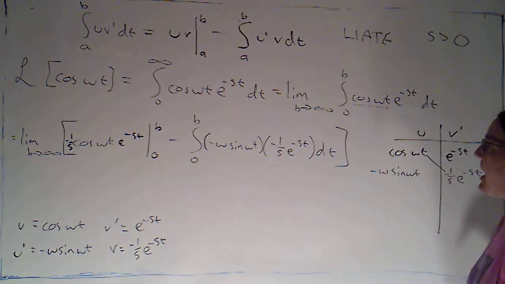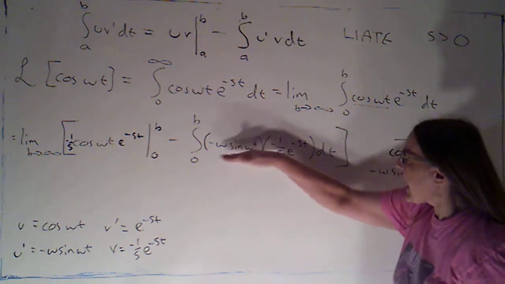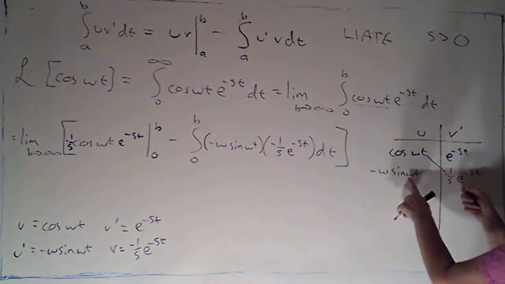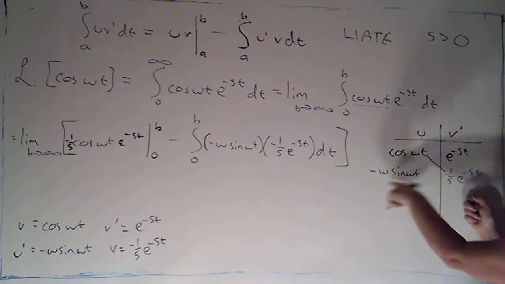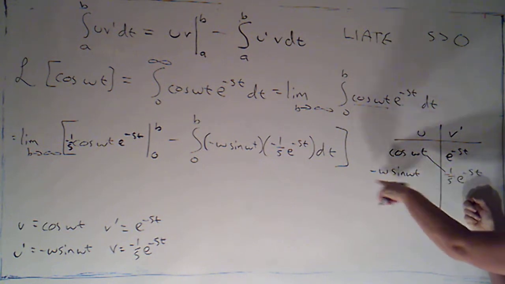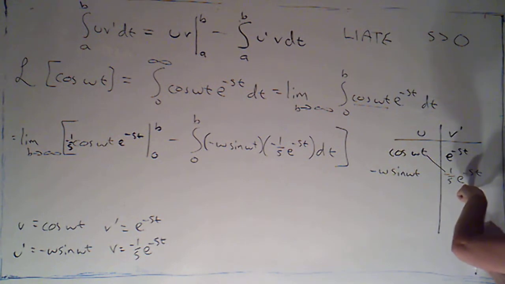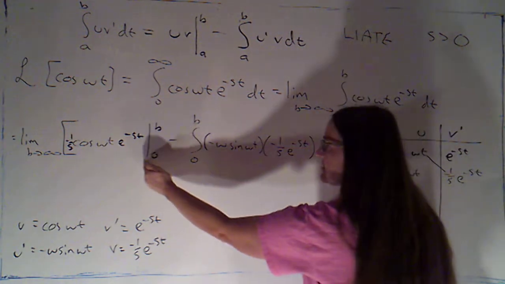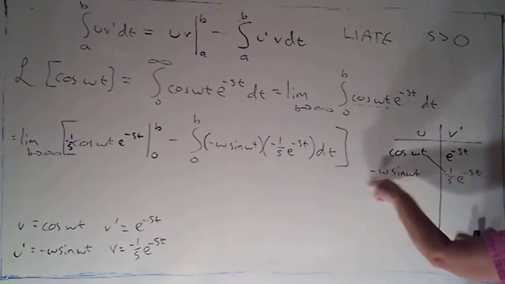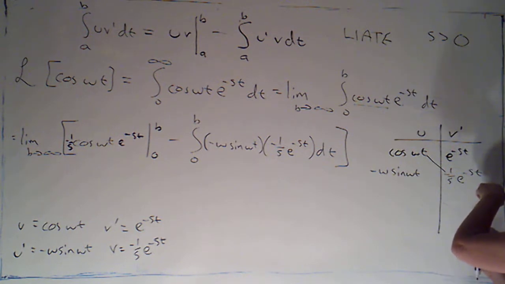Okay. Notice that what I have right here is exactly what I have in this row right here. So when we did the integration by parts, we got this product, that was our uv, so that's just evaluated, minus the integral of this product.